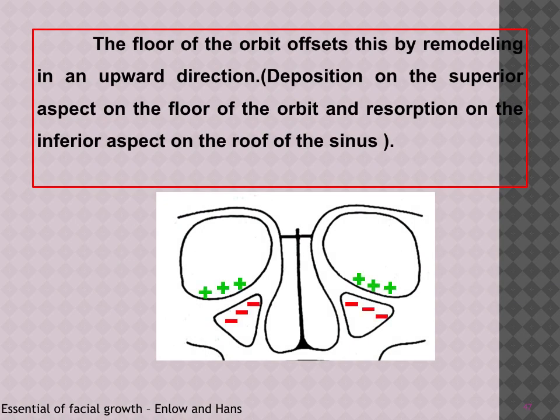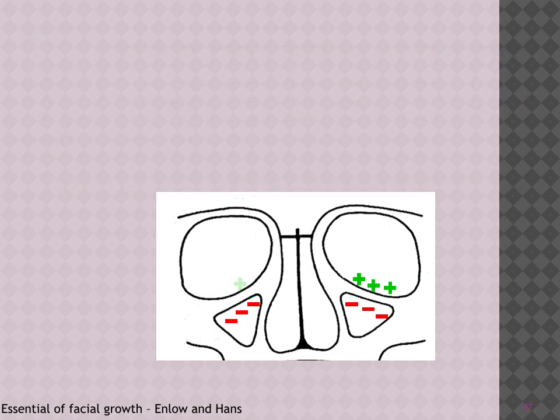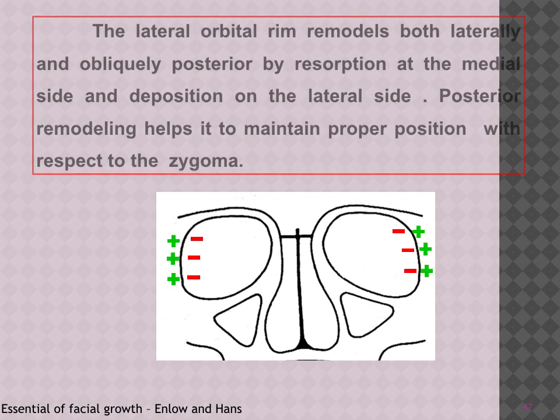Okay, so as you see, the maxillary sinus is expanding and approaching the orbit. Similar way, the orbit will also try to form a barrier, inner defense wall, so that the maxillary sinus does not invade itself, and hence you will see the bone deposition on the inferior part of the orbit. Laterally you will see expansion of the orbit as well, so you will see typical negative signs.